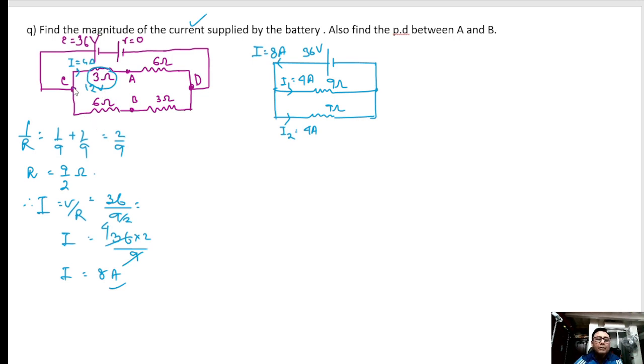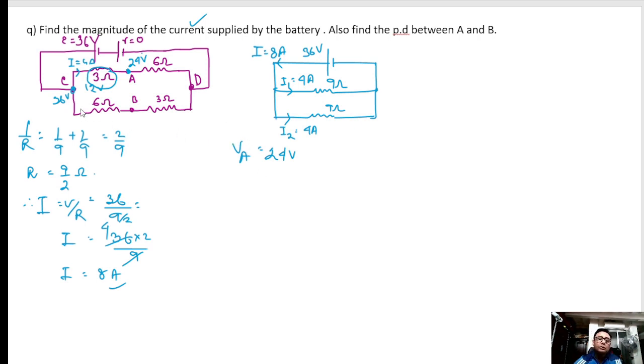Okay. Now here was 36 volt. This point was connected to the battery, main battery, so 36 volt. Here there is a drop of 12 volt. So how much voltage is there remaining? That is, here it will be 24 volt at A. That means VA is actually 24 volt.